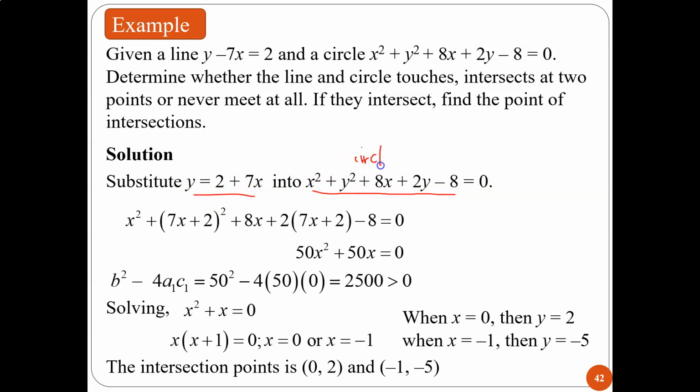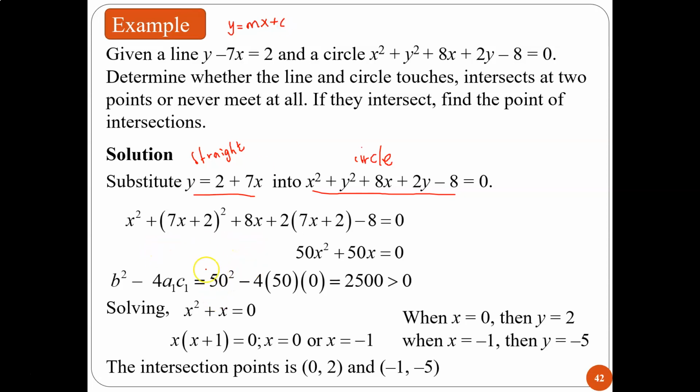This is the straight line. How do I know this one is a straight line? It's because the form of the equation involves y equals mx plus c. They just rearranged it.